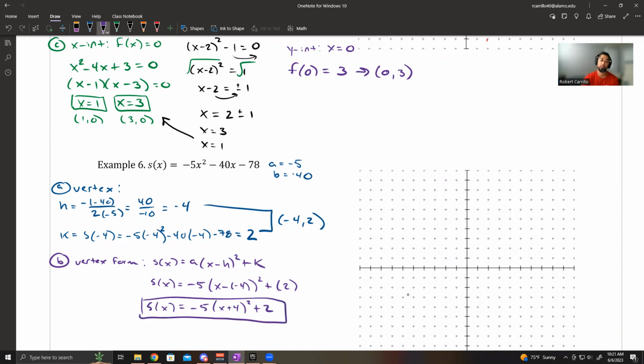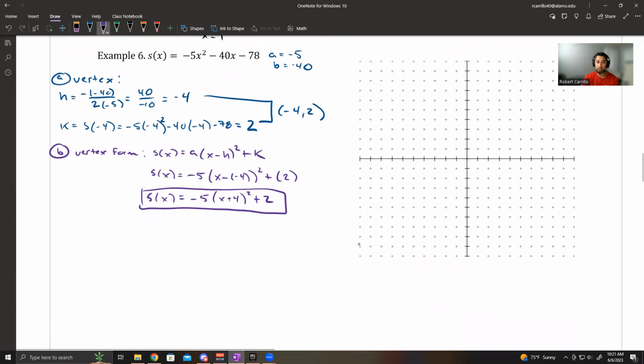We got it. Okay. Next is x-intercepts, and this definitely doesn't factor. So here we'll use the vertex form to find the x-intercepts. Just looking at it, I know it doesn't factor, so I'm just letting you guys know.